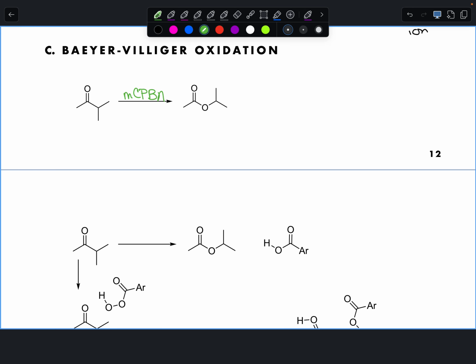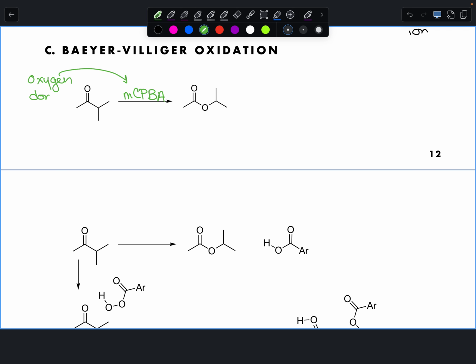So nucleophiles that like to add to the carbonyl carbon are what we call 1,2 addition products. So these are nucleophiles that add to the carbonyl carbon. And there are going to be nucleophiles that like to add to the beta carbon.